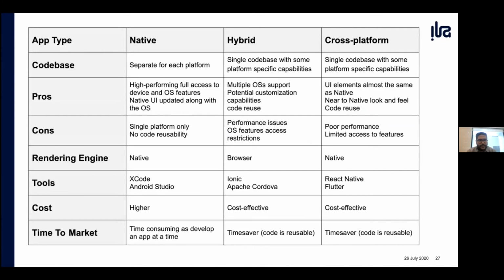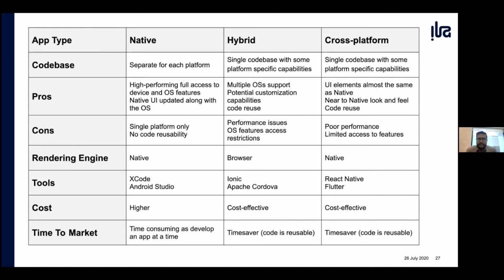The pros of a native application are that you can have high performance, full access to the OS services and features, and native UI that can be updated with the OS itself. For example, push notifications: you can see that in Android 12, it has been updated. So you don't need to wait for your framework, like in hybrid or cross-platform, to be updated.